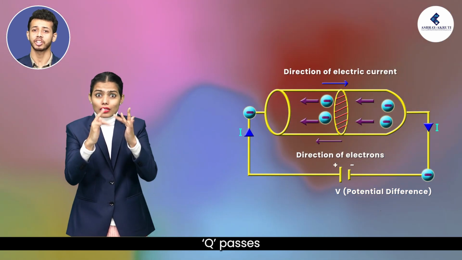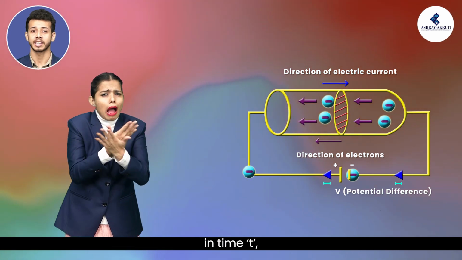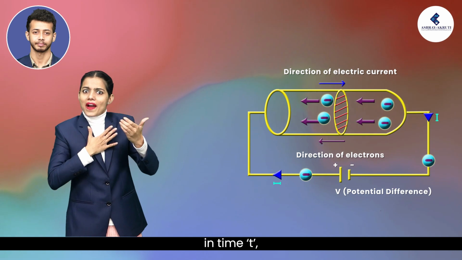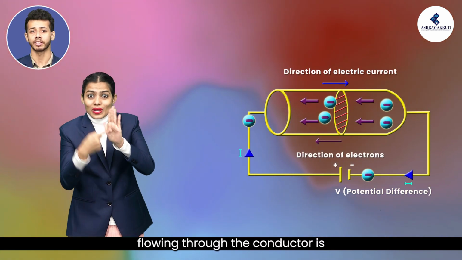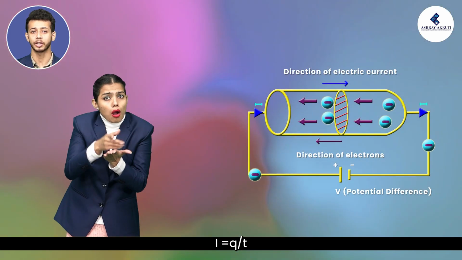If a net charge Q passes through any cross-section of a conductor in time t, then the current flowing through the conductor is I equals Q by t.